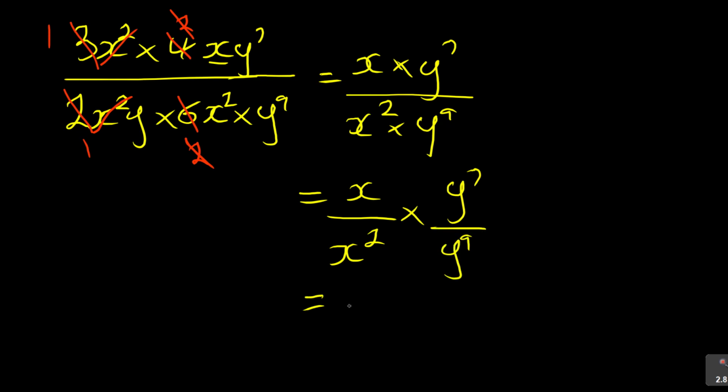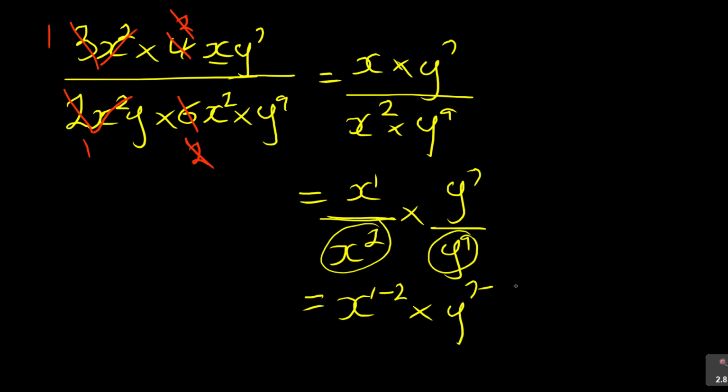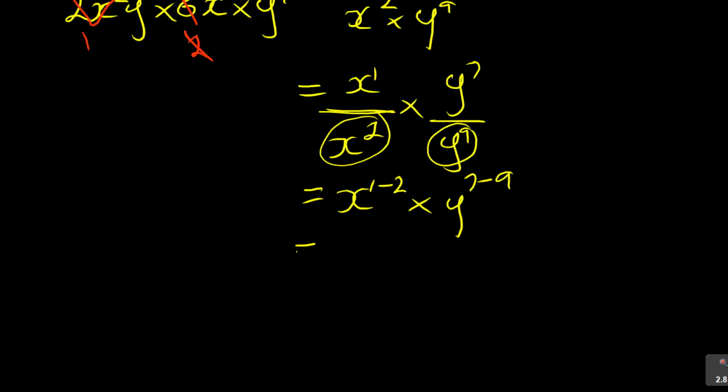That's what it simply means, whereby I can apply the law now and say x, now there is a hidden 1 there. It's 1 at the bottom is minus 2, since it's coming from the bottom and there is a division. And then times y to the power of 7, again here it's minus 9. You don't have to repeat the y, just put the exponent of it. So x to the power 1 minus 2, use a calculator, is minus 1. y to the power 7 minus 9 is minus 2. That becomes the final answer.